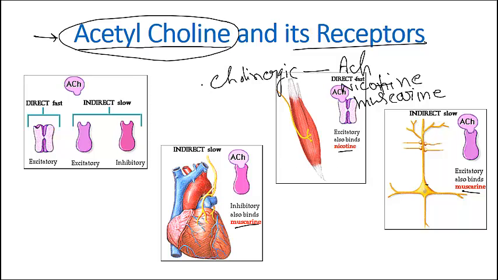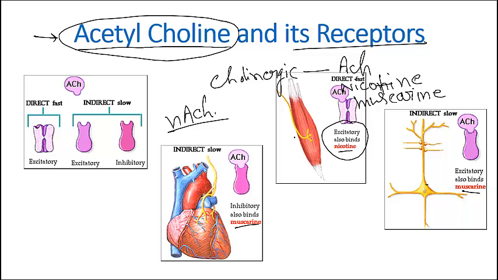This cholinergic nicotinic receptor, also known as nAChR, is a very well known receptor found in the neuromuscular junction, for example, where the neuron is interacting with a muscle, and the release of neurotransmitter regulates the contraction and relaxation of the muscle.